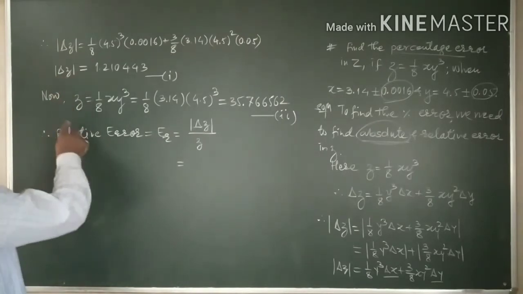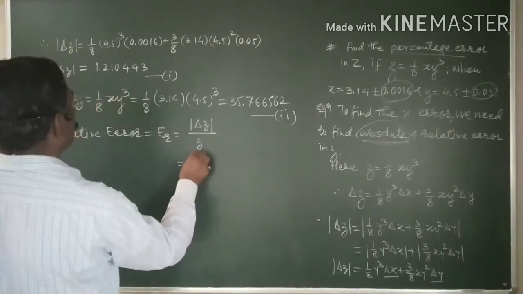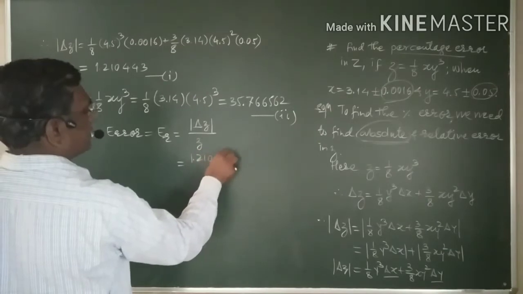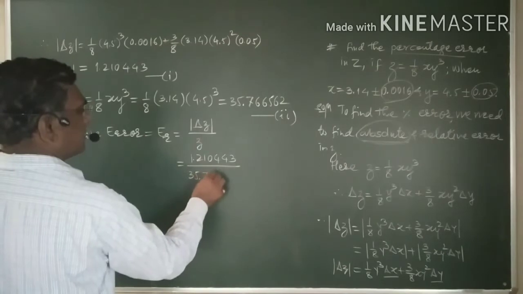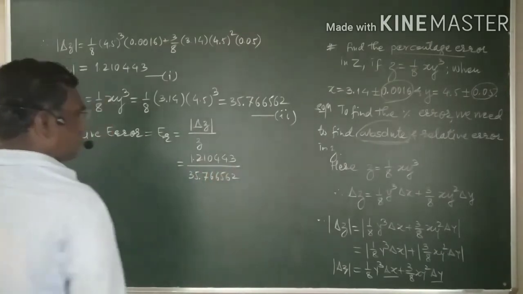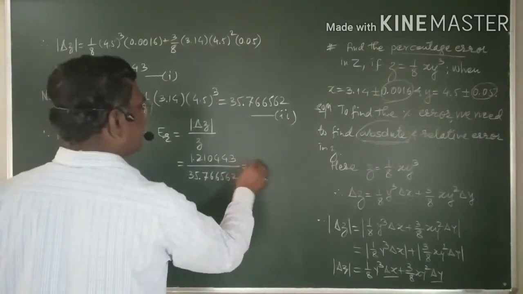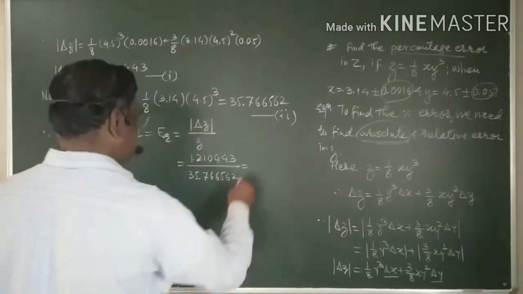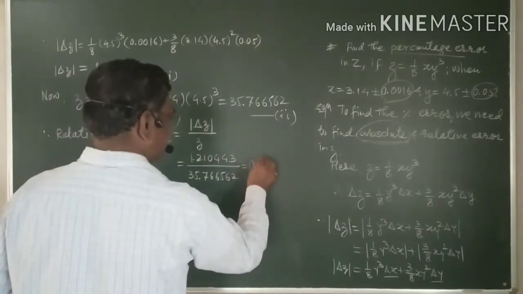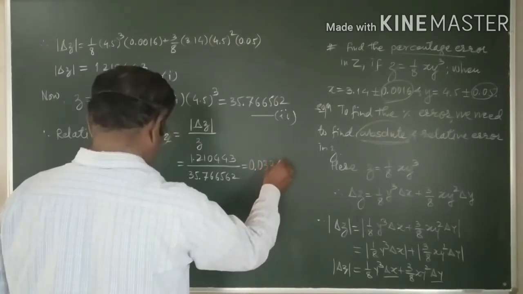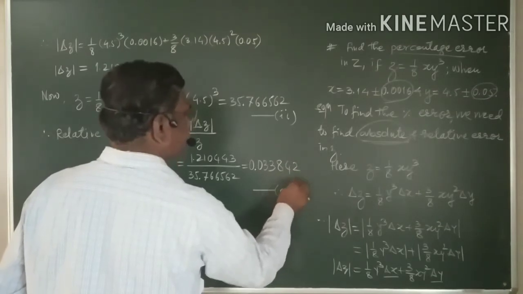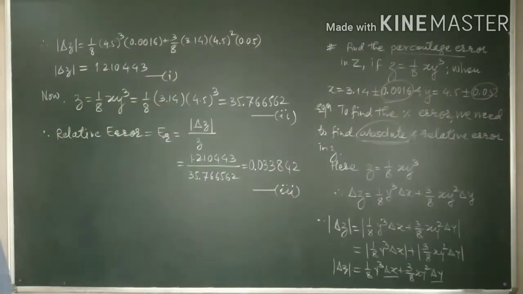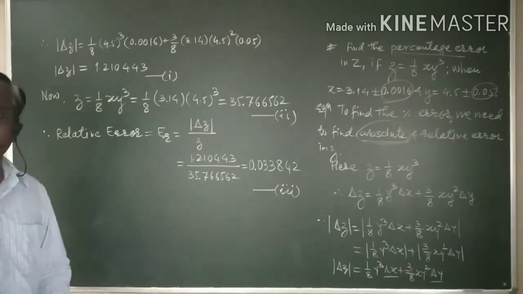Absolute value of del Z is nothing but 1.210443 over 35.7666562, and if you obtain it, you will get this is nothing but 0.0333842, and let me call this as 3, so that we can use it again in further calculation.